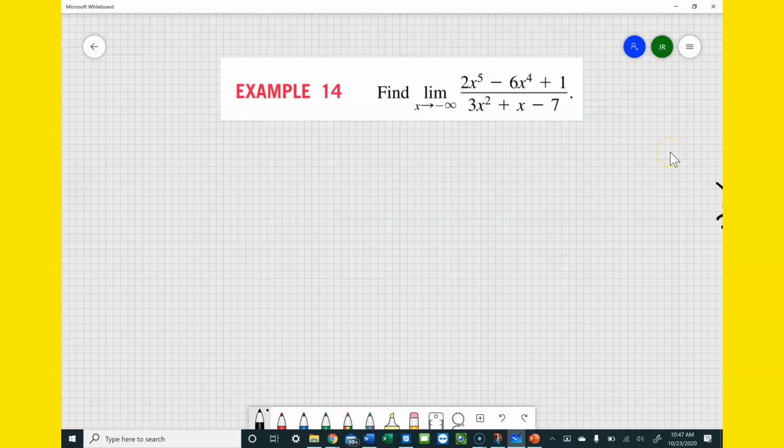Let's take a look at example 14 here. Let's divide each of these by the highest degree x in the denominator. So I'm going to make each one of these divided by an x squared term.